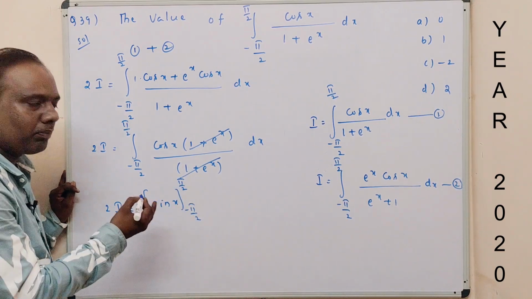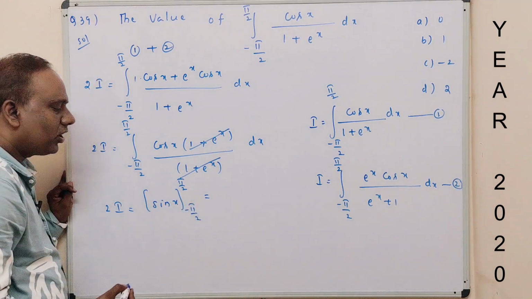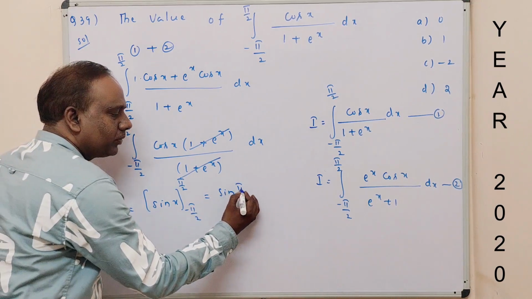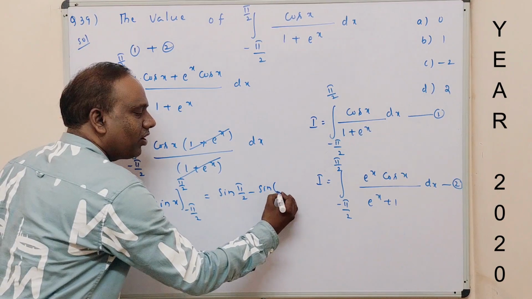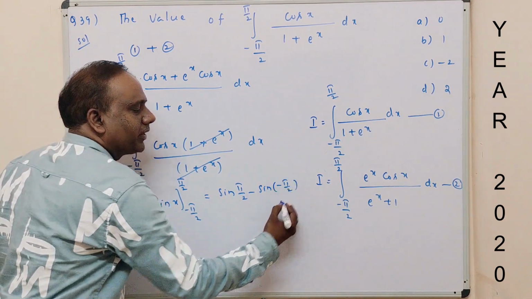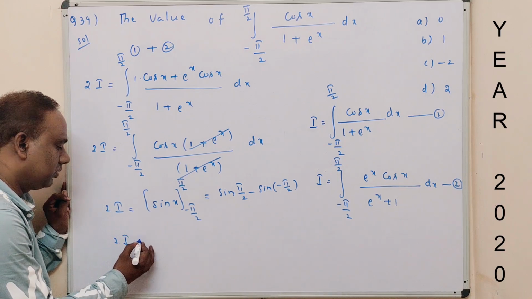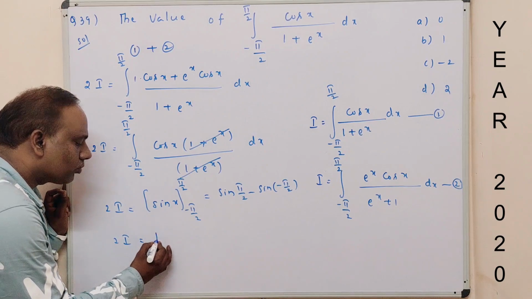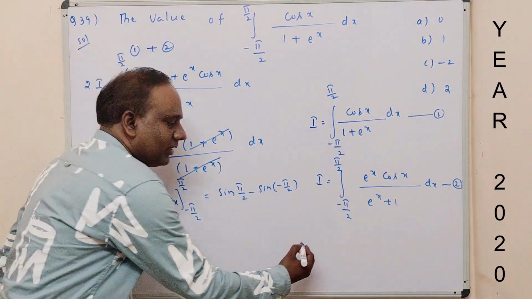Now we can apply upper limit minus lower limit. First of all, the upper limit is pi by 2, so sin pi by 2 minus the lower limit sin of minus pi by 2. Now 2i is equal to sin 90, whose value is 1, minus sin of minus 90.